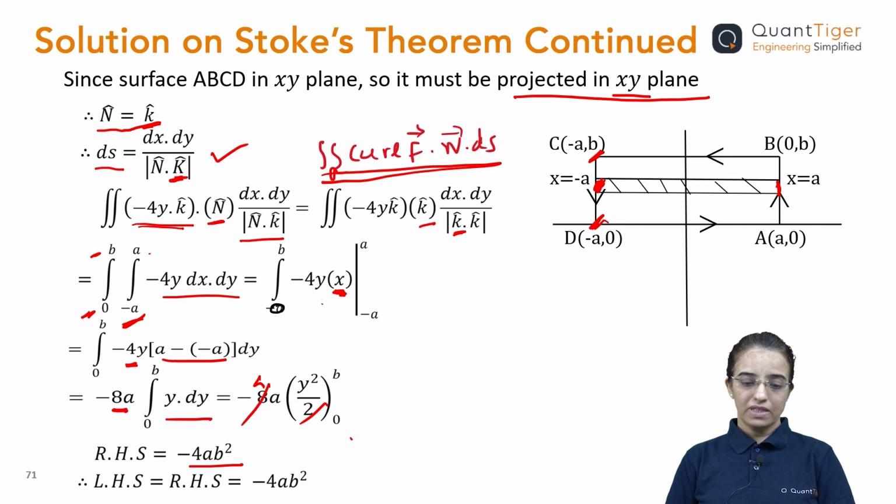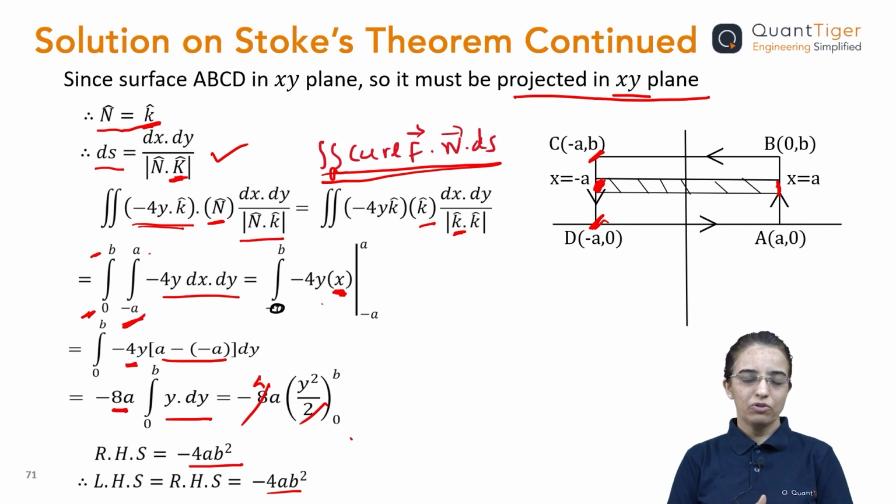So this is after simplification of the right hand side, and the value of the surface integral has come. If you remember, on the left hand side, after simplifying the line integral, we also got the same thing. So this is how we have proved it. Left hand side is equal to right hand side.